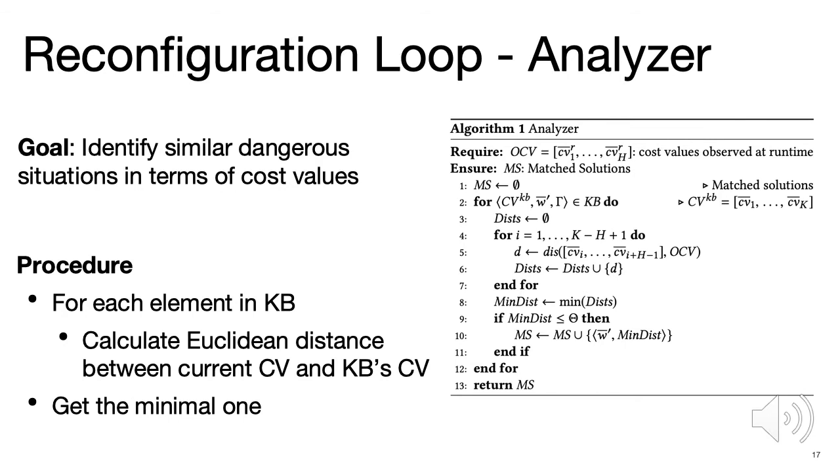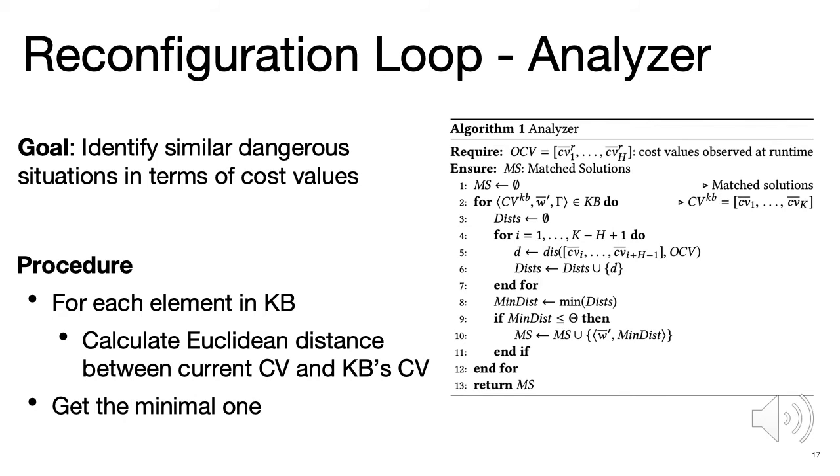So you can see that the analyzer is the most important element here. Its goal is to identify similar danger situations in terms of cost values. So it has to find whether the current situation is dangerous or not, and whether we can find it in the knowledge base.